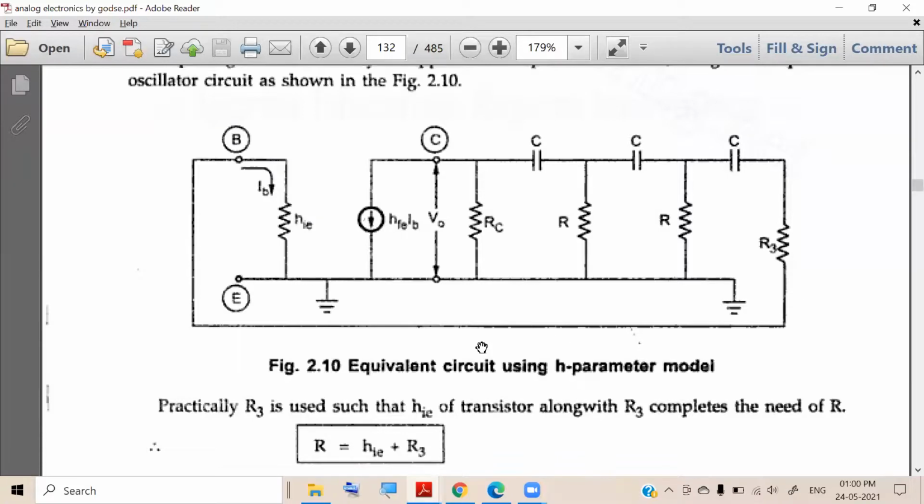But because of this feedback connection, the equivalent impedance for the third stage will be R3 plus HIE, and we call that R. We will choose R3 somewhat smaller, so that the addition of this one plus this will become equal to this. Is it clear, students? Please tell me.